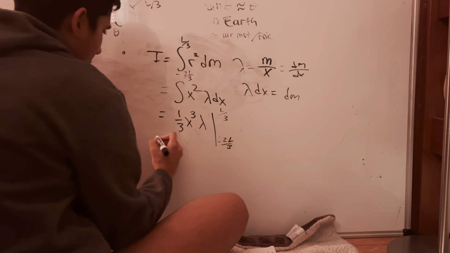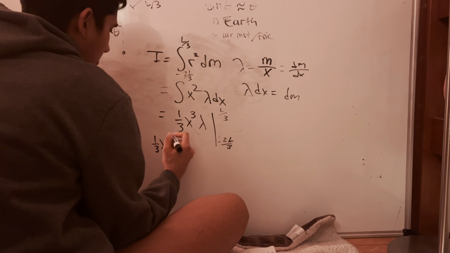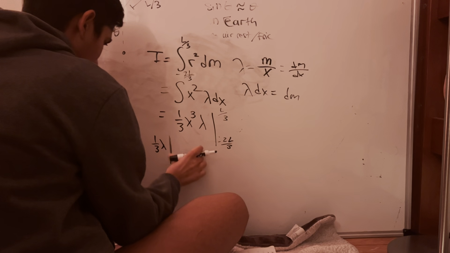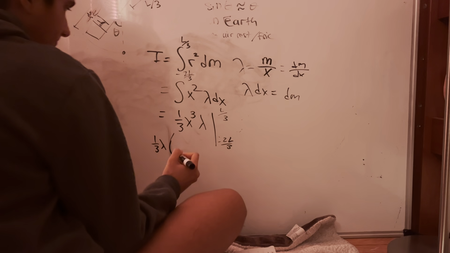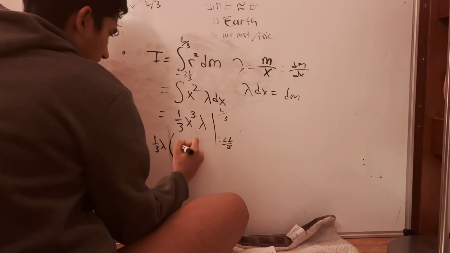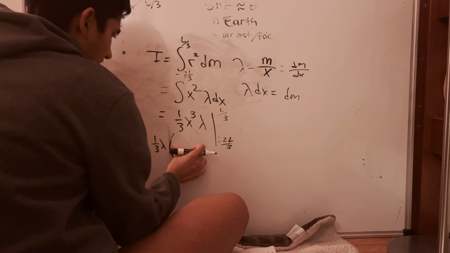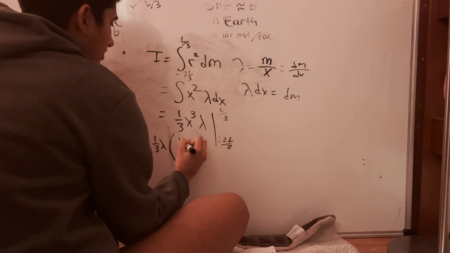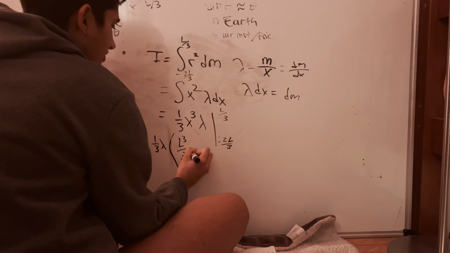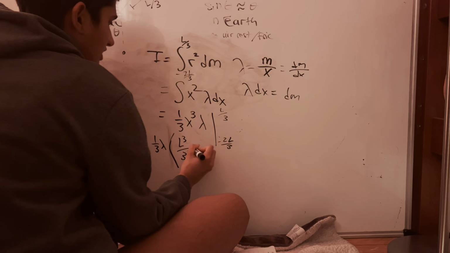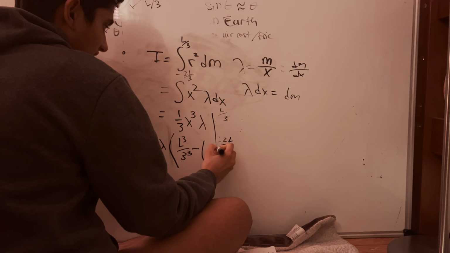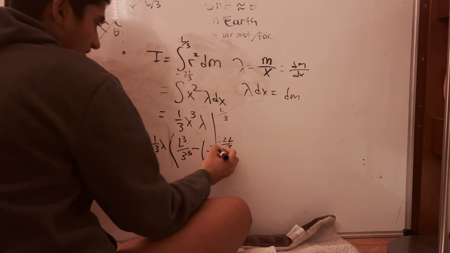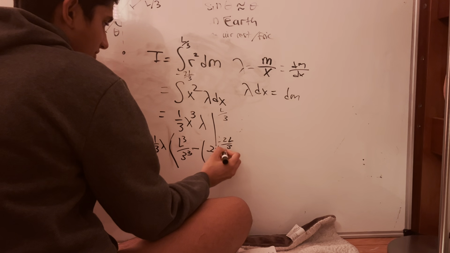Plugging this in and pulling out constants, we get 1/3 lambda times L cubed over 3 cubed minus negative 2L over 3 cubed.